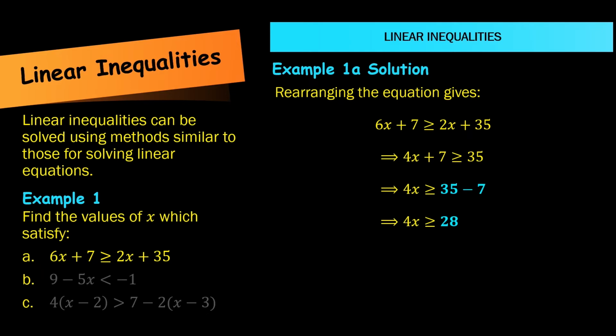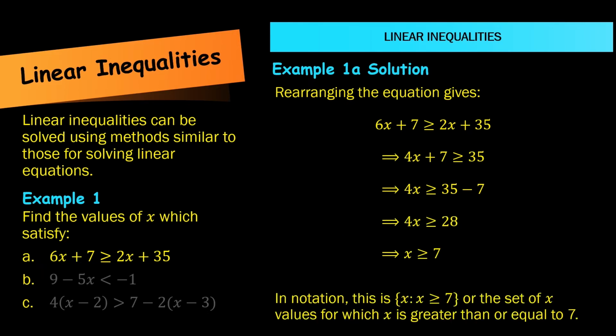We tidy up. 35 minus 7 is 28. And finally divide by 4 to give x is greater than or equal to 7. So in notation, this is x such that x is greater than or equal to 7.